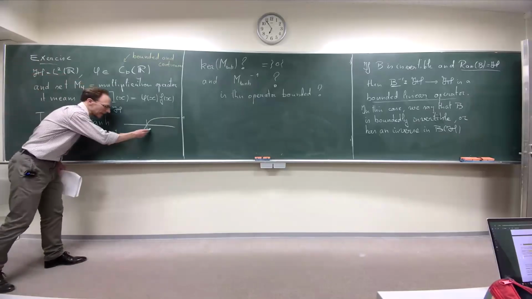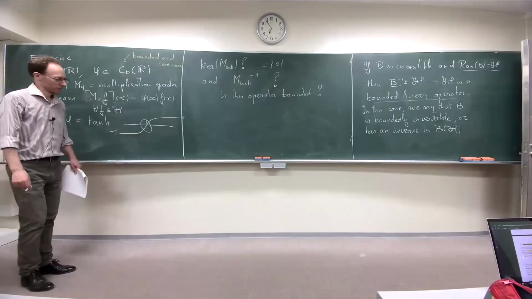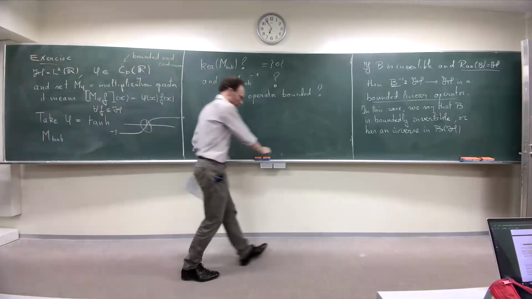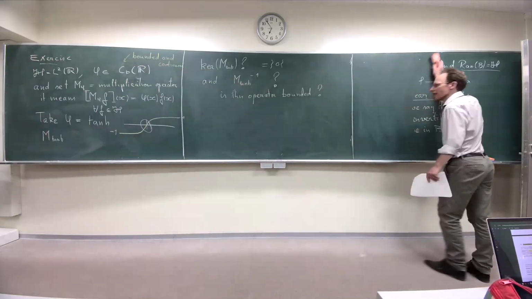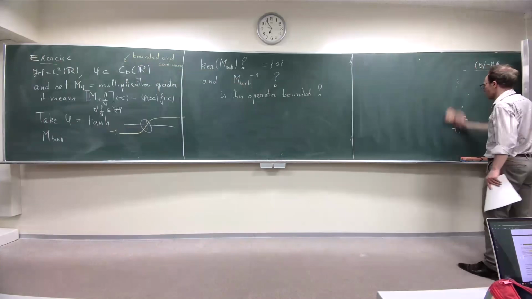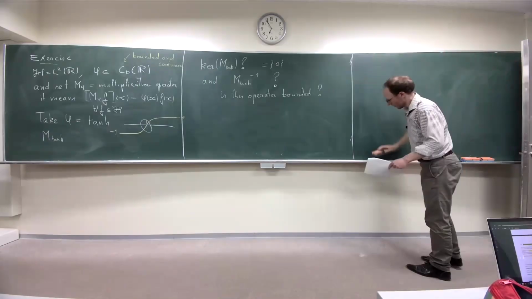I can already tell you the problem is here because this function goes through 0. Right? I leave it as an exercise. And the answer is no, the inverse is not bounded. So you have to check why.